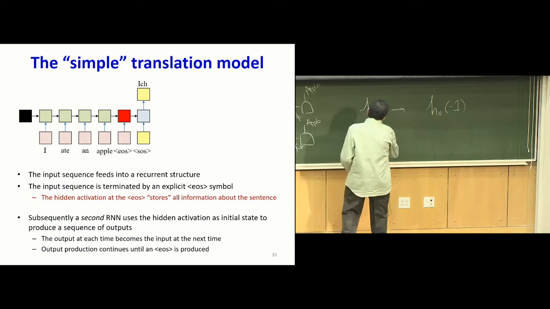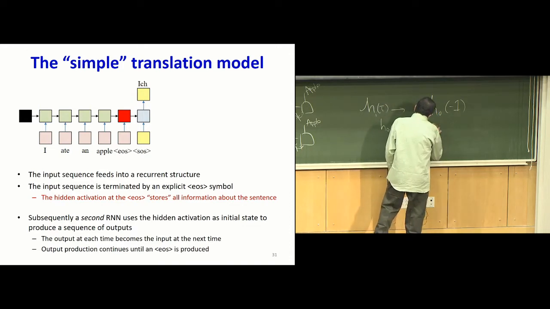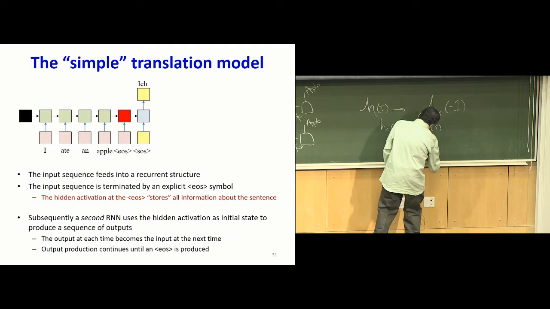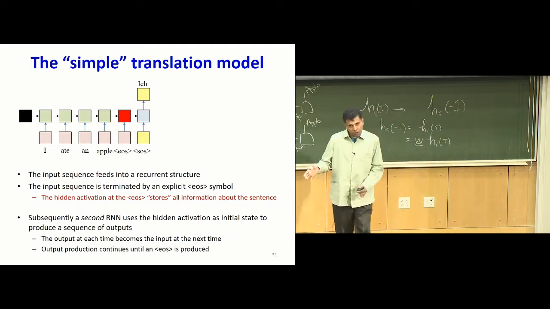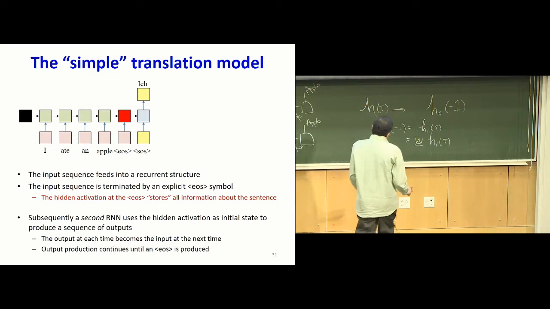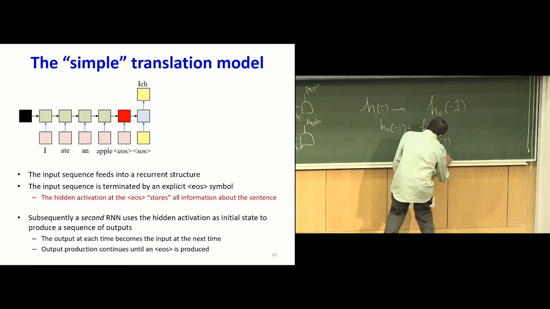And we can have all of these different options. H output of -1 is simply h input of t, or this could be some matrix times h input of t, where the matrix serves the purpose of adjusting the dimensionality and is a learnable parameter, or it could be any other function of h input of t.